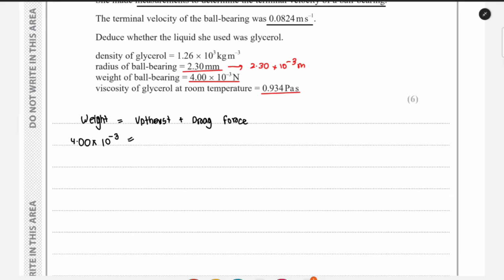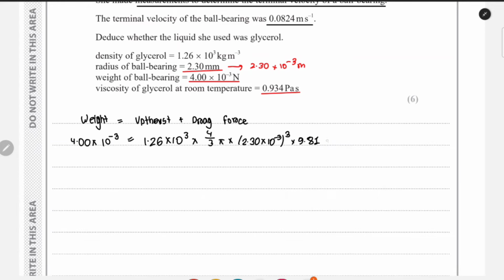The upthrust is ρVg. The density of glycerol is 1.26 × 10^3. The volume will be 4/3 πr³, so 4/3 π × (2.30 × 10^-3)³ times 9.81.